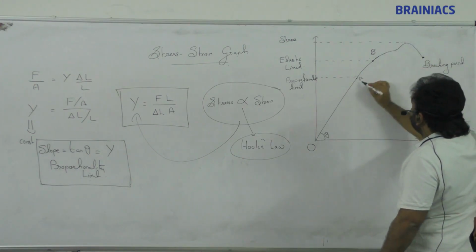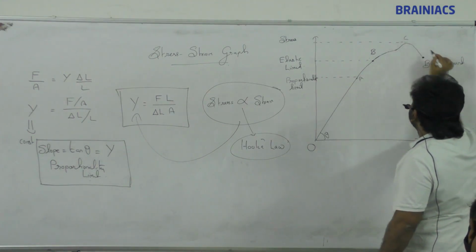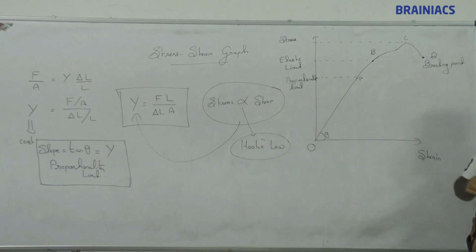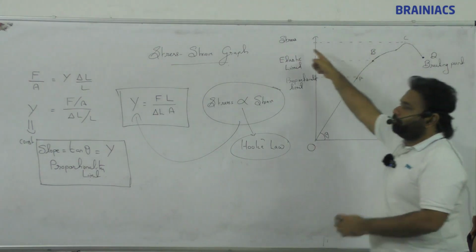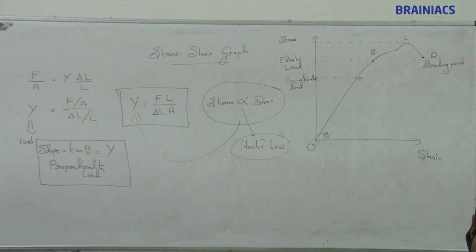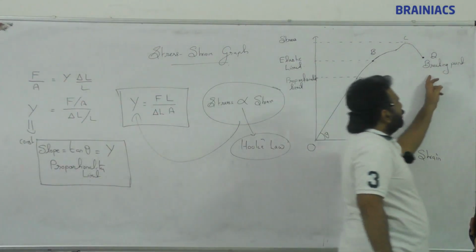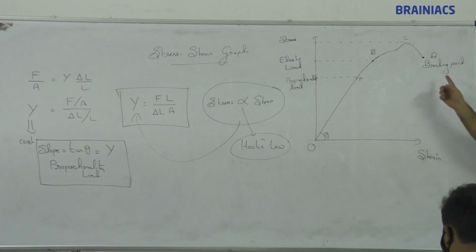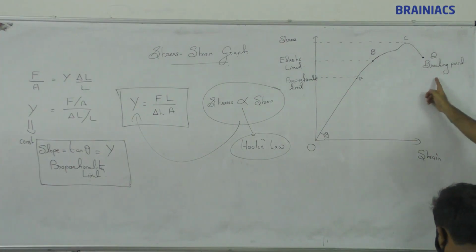So O, A, B, this is C, this is D. C is the maximum stress we can apply. If we keep going till this, it will be the break point.